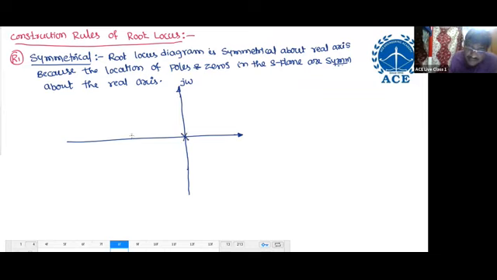The pole may be on the left of the S-plane on the real axis, or there may be zeros on the real axis, or there may be complex conjugate poles like this. Complex conjugate means it should be a pair of poles, not a single pole. Or there may be zeros on the imaginary axis. Zeros on the imaginary axis means a single zero is not possible; it is a pair of zeros.